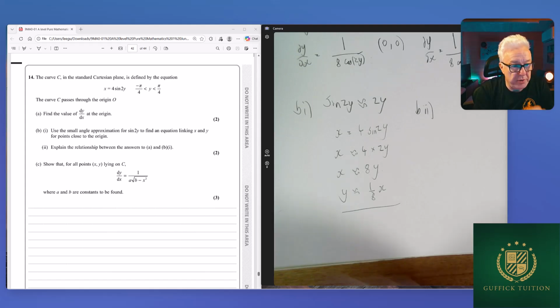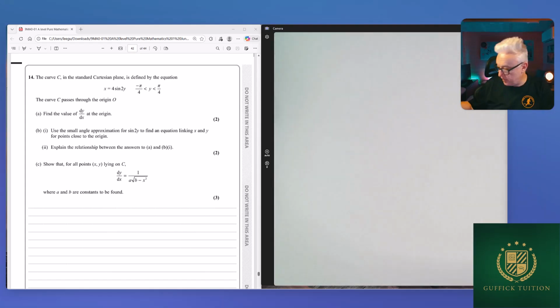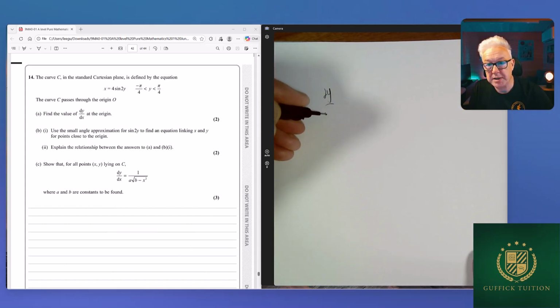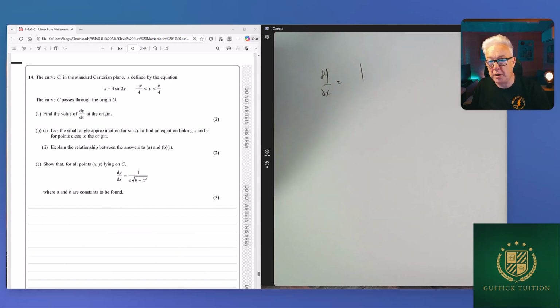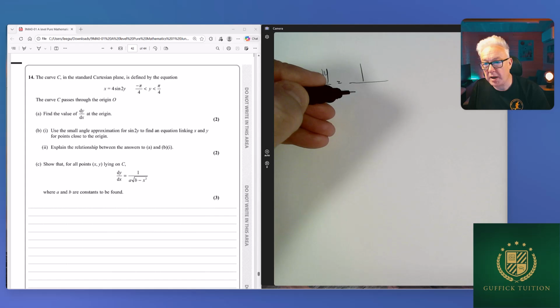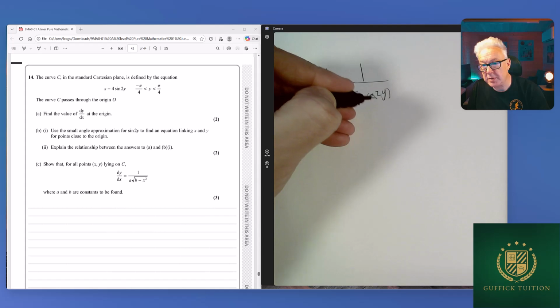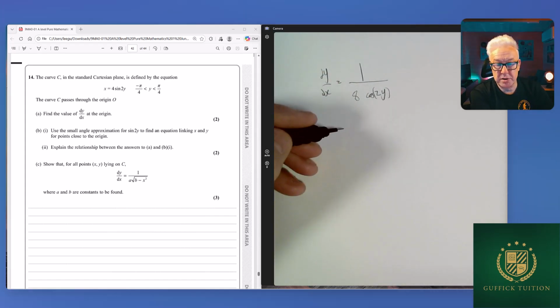Part C, show that for all points x and y lying on C that dy by dx is given by that expression there. We know at the moment that dy by dx is equal to 1 over 8 cos 2y. So what we need to do is find an expression to change our cos 2y into something in terms of x.